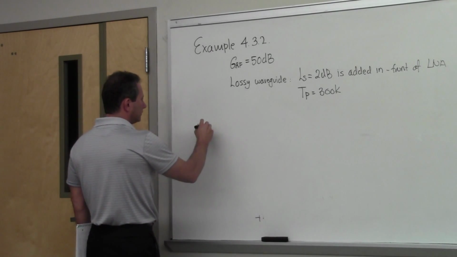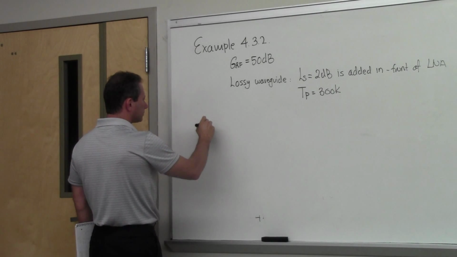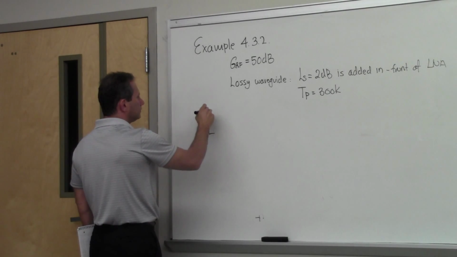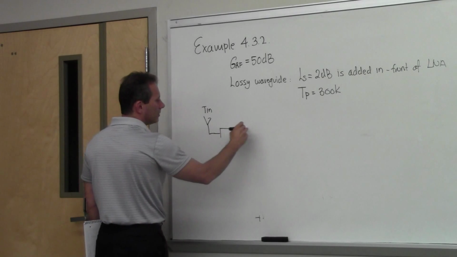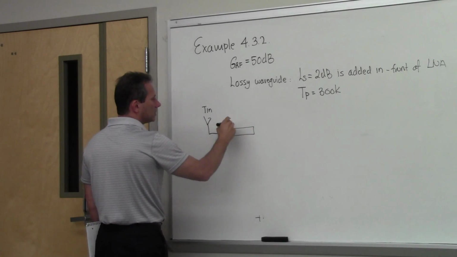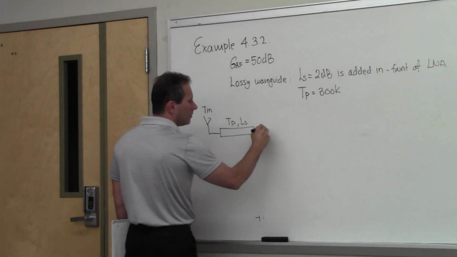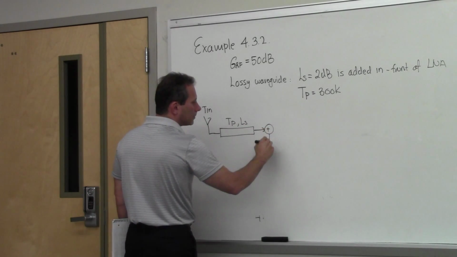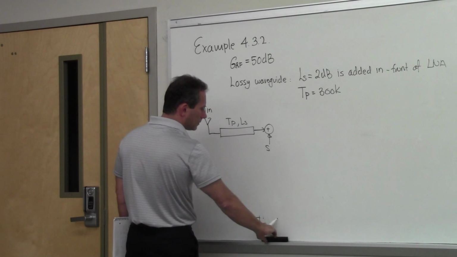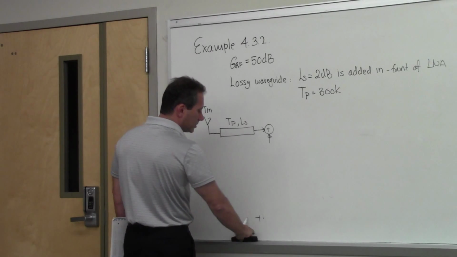So here's what we have. We have your Tn. Then you have a lossy waveguide. Its physical temperature is Tp and its loss is Ls. And we already calculated the noise temperature here.